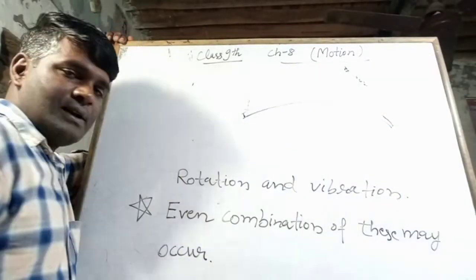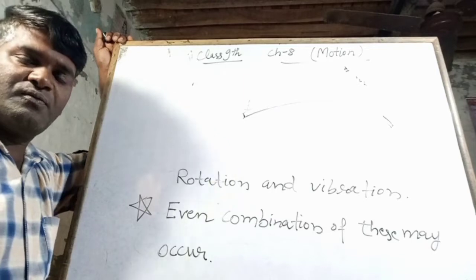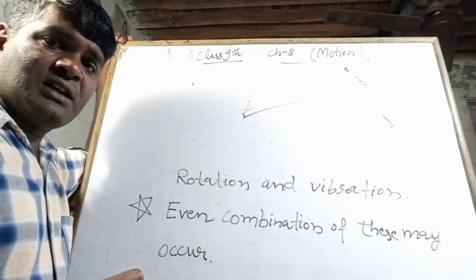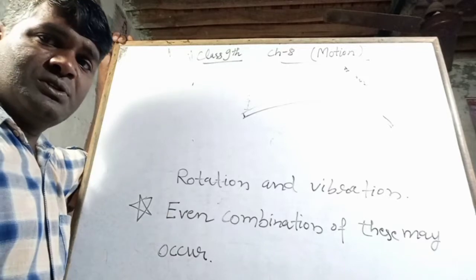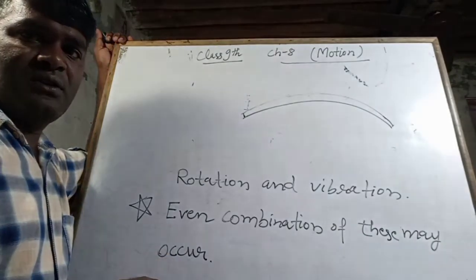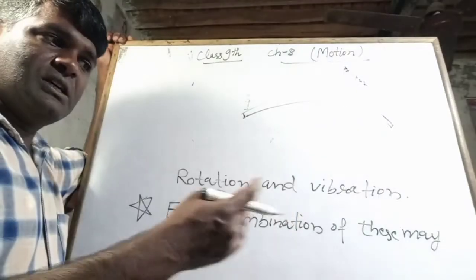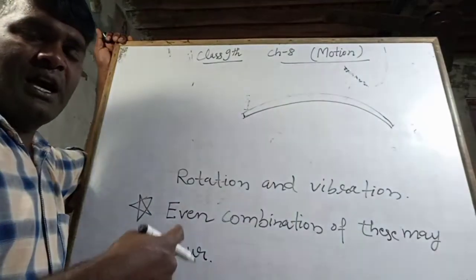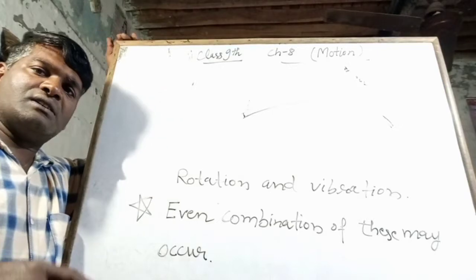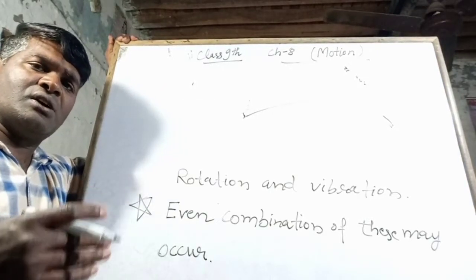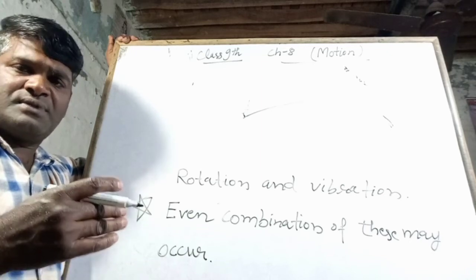For example, in a circus we have seen the death well, where a bike rider moves in circular motion inside that death well. I hope you have seen a circus at some stage, maybe in TV serials or maybe live.